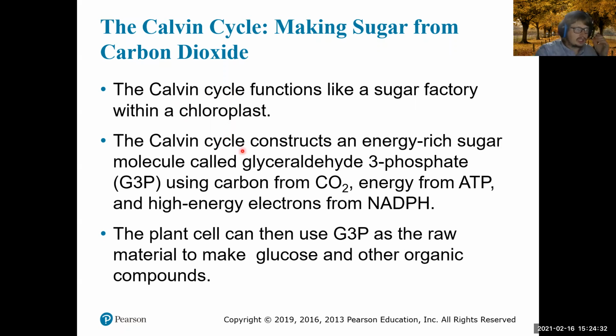So the Calvin cycle will take a sugar molecule called G3P, and will take carbon from the atmosphere and energy from ATP and NADPH, and will convert that into basically a 6-carbon molecule that will be broken down into a 3-carbon molecule, the G3P sugar, and then that G3P can be used to make glucose or other organic compounds.